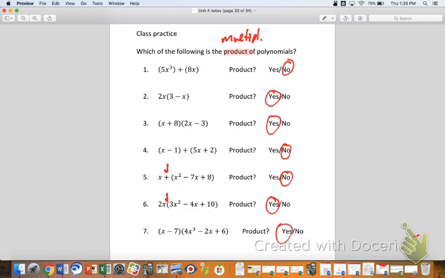All right, we'll go with a solid yes. That is correct. So, do you understand the point of this? Telling you the difference between addition and multiplication. Sometimes people struggle with that. Okay. Any questions? Any questions? No? Okay.